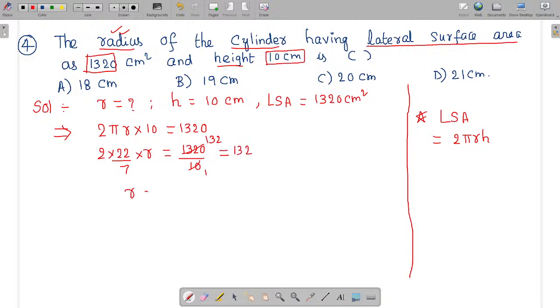Next, for the r value we write 132 multiplied by 7 upon 22 into 1 upon 2. 11 2s are 22, 11 1s are 11, then 2 into 2 is 4, 4 3s are 12, so that will be 21 centimeters. 21 centimeters is our answer. So D is the right option.